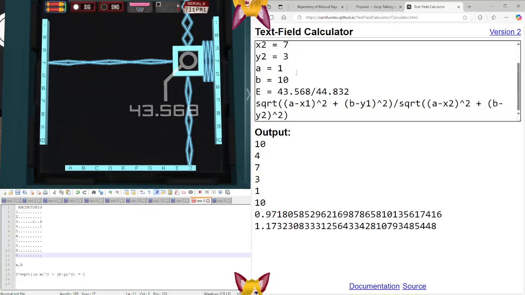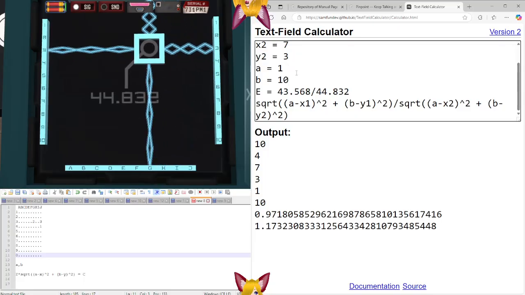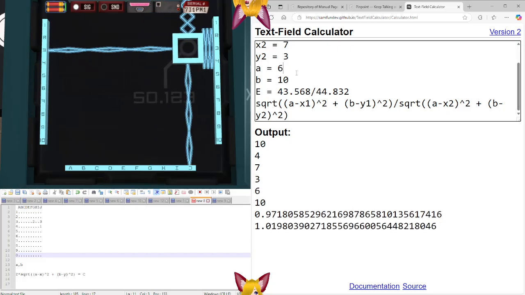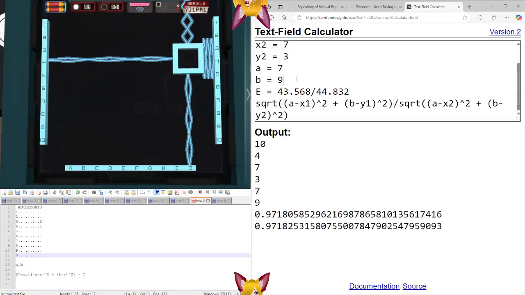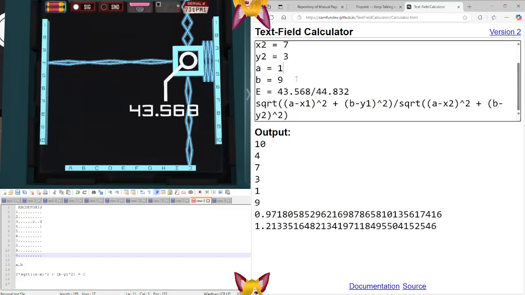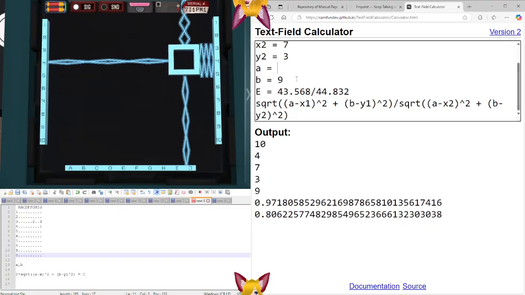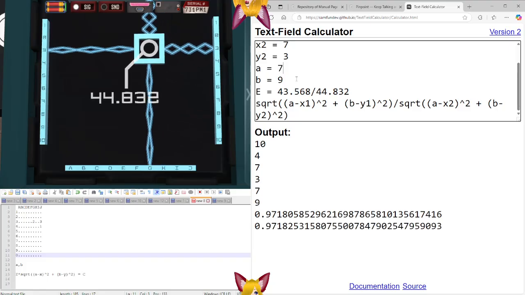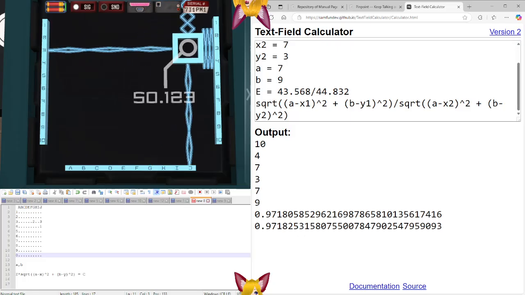And then we're moving left and right, so I'm changing A again. 2, 3, 4, 5, 6, 7. Went below. Move up a row. 1, 2, 3, 4, 5, 6. Okay, 7, 9 is within a reasonable sense of accuracy.